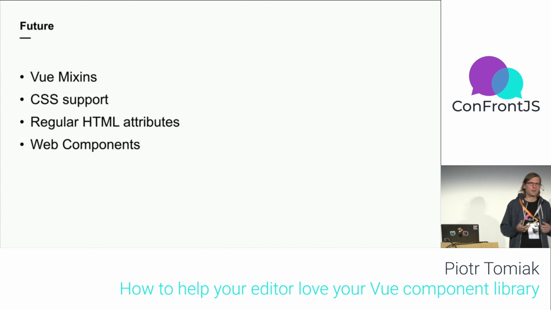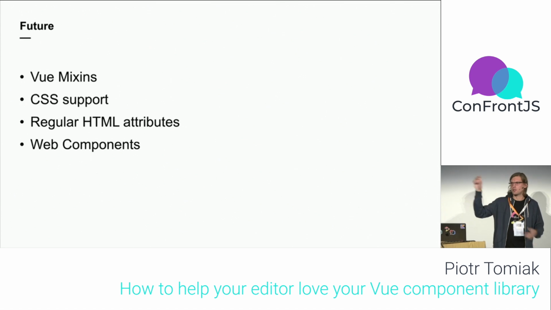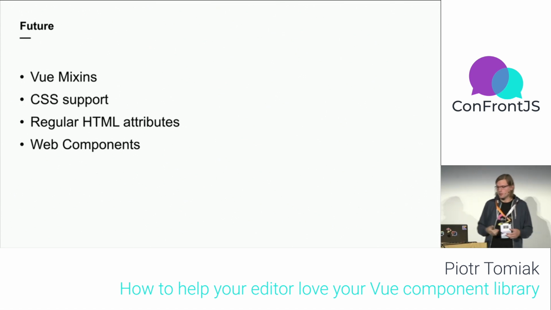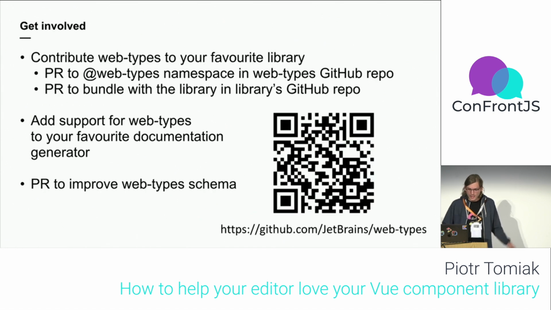So, for instance, if you have Ionic icons, like an icons library, and you specify icons through CSS property, then it would be really cool to have a documentation where you have a preview of the icon, right? So this is something we want to add to the standard so that the IDEs can support it, and also regular HTML attributes and support for web components.